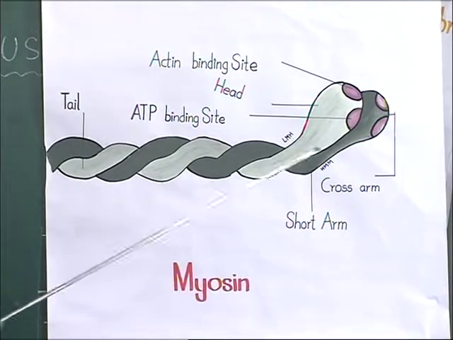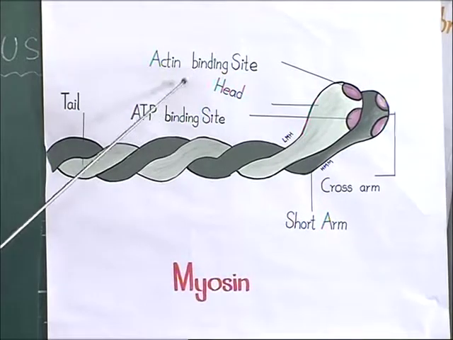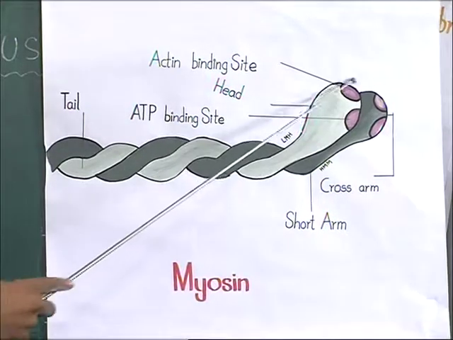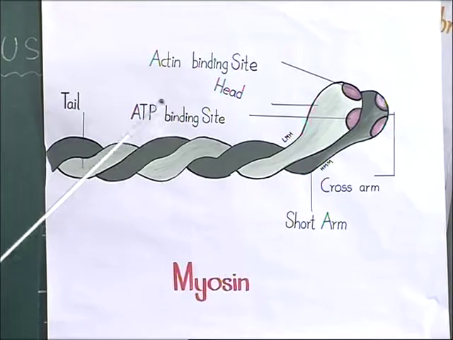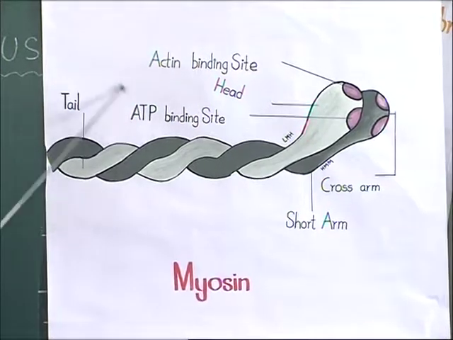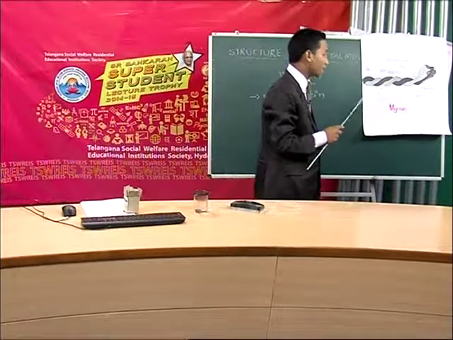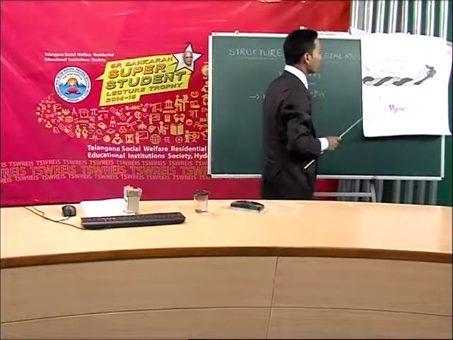The head has the ATP binding site and the actin binding site. Heavy meromyosin is at the head region and light meromyosin at the tail region, and about 200 to 300 myosin molecules are present in only one thick filament.